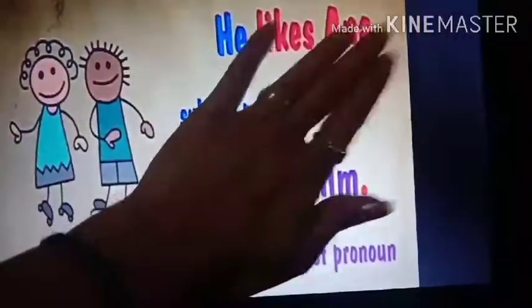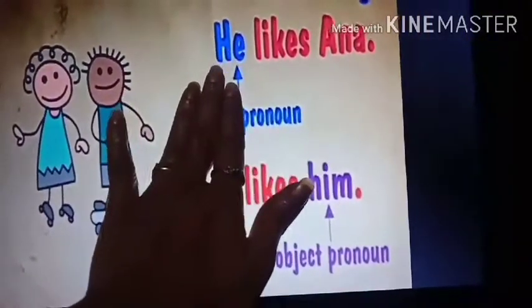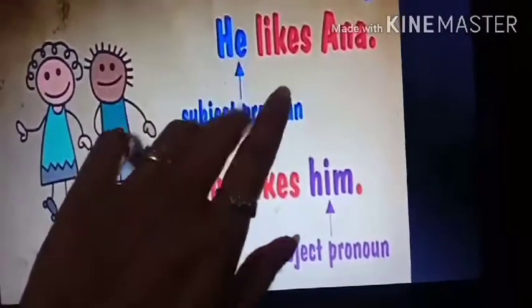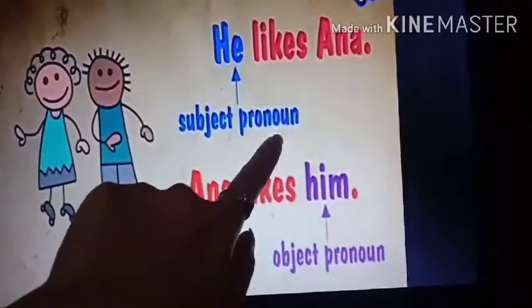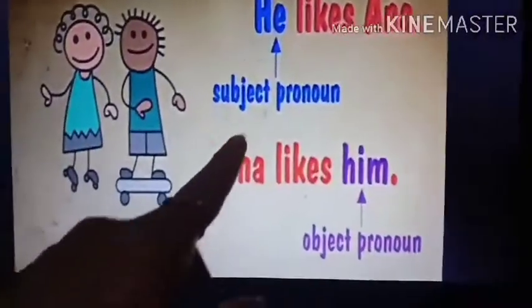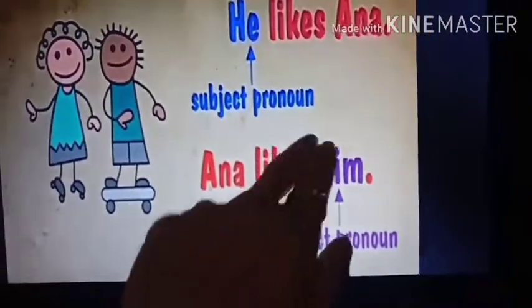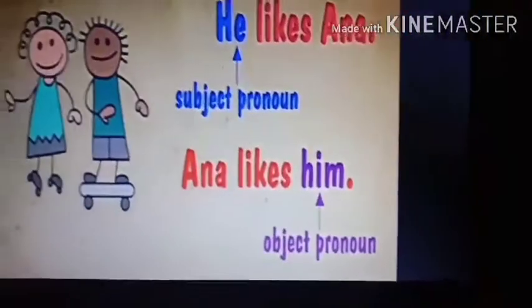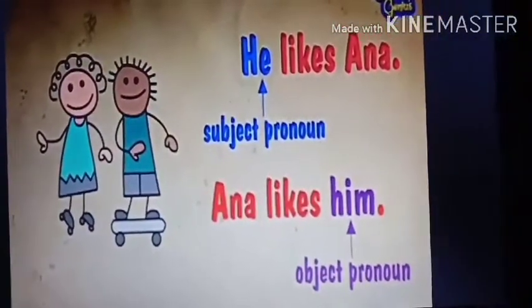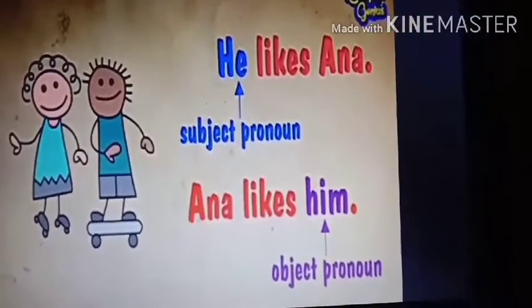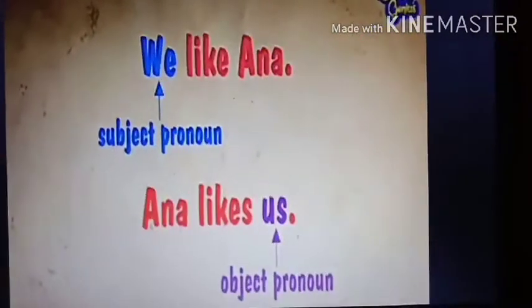He likes Anna. Who is doing the action? He is doing the action. So he is the subject pronoun. It is before the verb. Anna likes him. Likes whom? So him is receiving the action. So it is the object pronoun and it is after the verb.